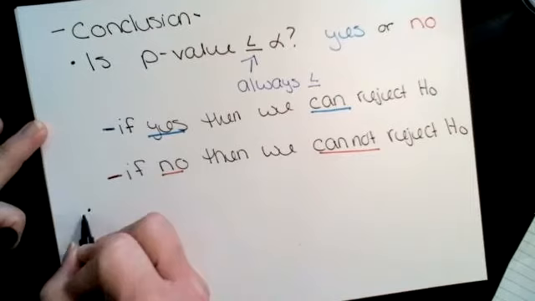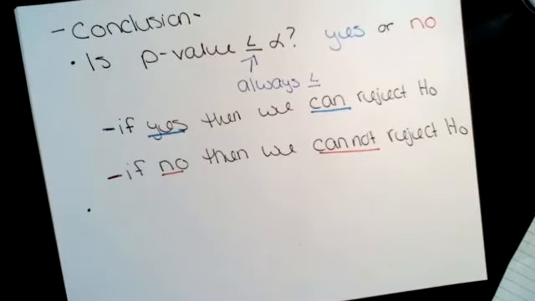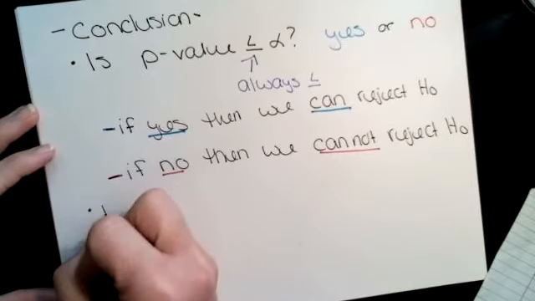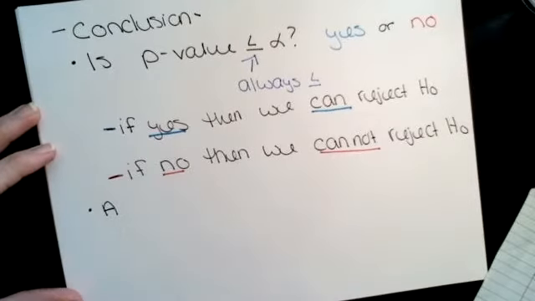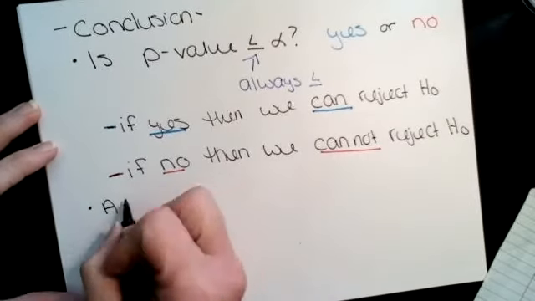And then the second bullet point is what we call our conclusion statement. So here you're going to say at what level of significance, so at what alpha.